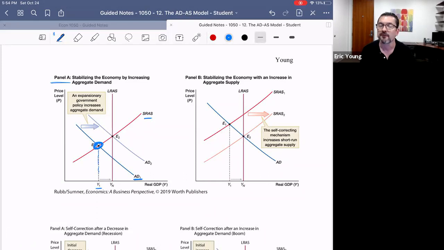Of course, you know, my friends, that this is not good because the actual output, again, right here in blue, is falling short of the potential output indicated in red at the LRAS. So we've got a recessionary gap, we've got some unemployment, and Congress says we better do something.